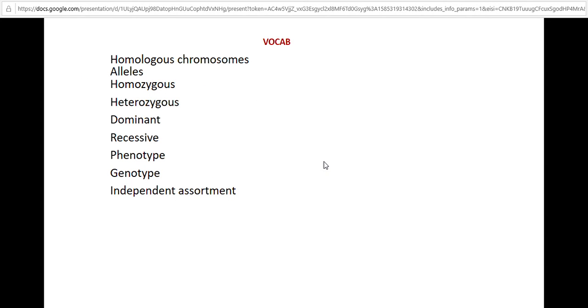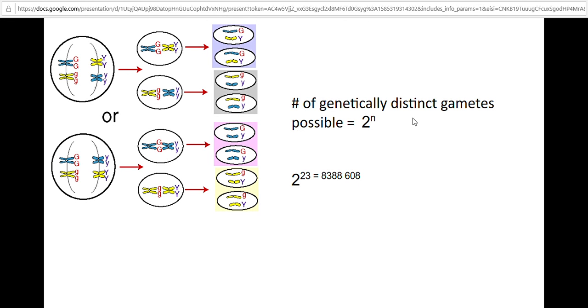One more thing we need to talk about is independent assortment, which is basically the random sorting of chromosomes during meiosis. We remember that diploid organisms have a pair of homologous chromosomes.